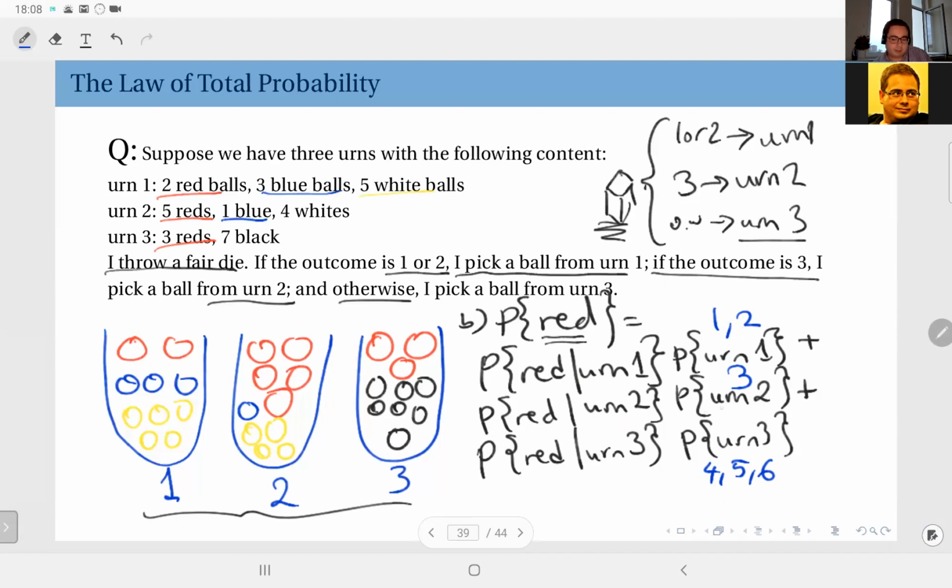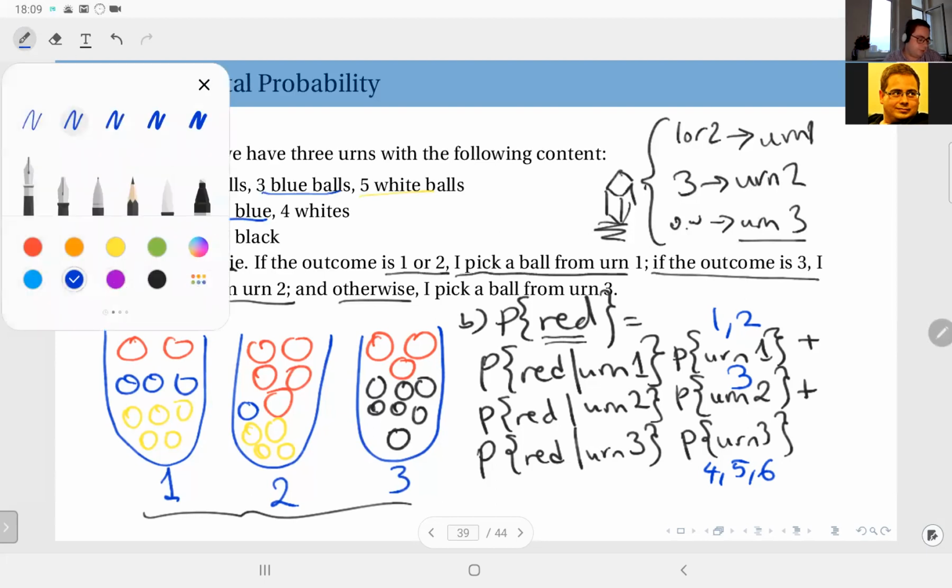If the outcome is 3, I will use urn number 2, and otherwise I will use urn number 3. But you see, when I condition the probability of red on the selection of the urn, it immediately becomes an easier problem. Because if you tell me which urn I'm going to use, probability of red becomes obvious, right?